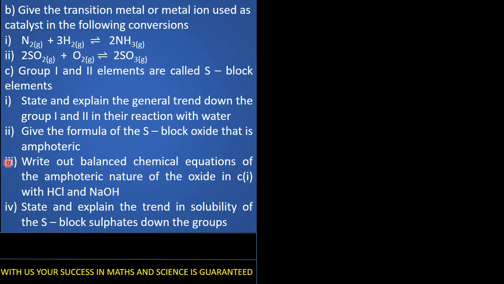Then Roman 2, write out the balanced chemical equation of the amphoteric nature of the oxide in C Roman 1, that is here. Then Roman 4, we should state and explain the trend in solubility of the S block sulfates down the group. Okay guys, let's start with this first name.